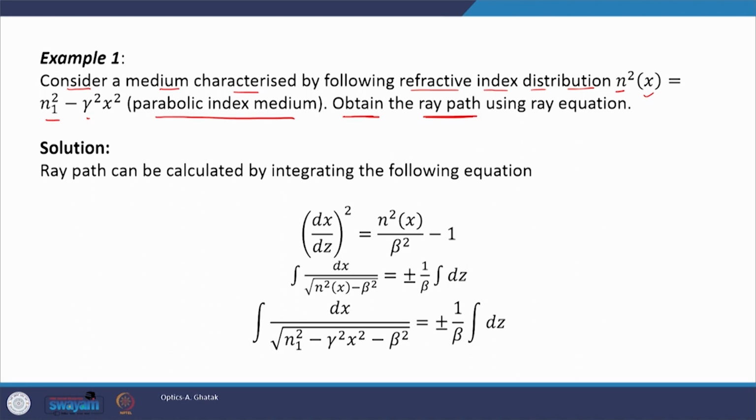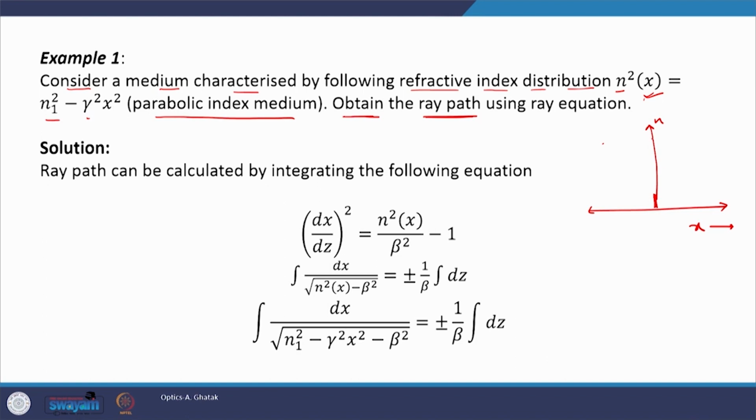Now you see that this refractive index is parabolic. What is a parabolic refractive index? Here on the vertical axis let us plot n, and on the horizontal axis let us plot x. If x is equal to 0, then n square is equal to n1 square.